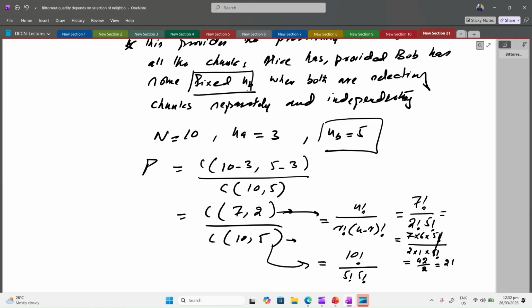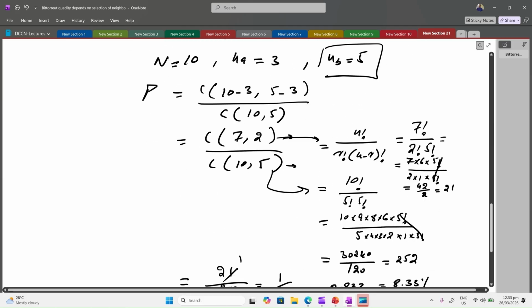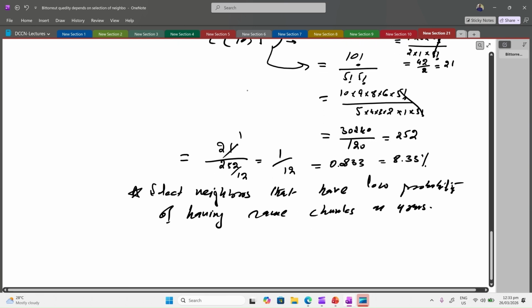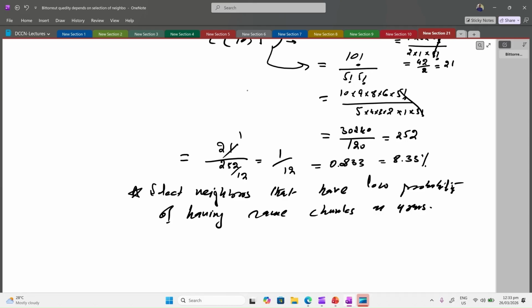This is very, very important, right? Because if it is not fixed, we'll have to calculate the probability in a different way. So let's say, if there is any confusion, tell me.